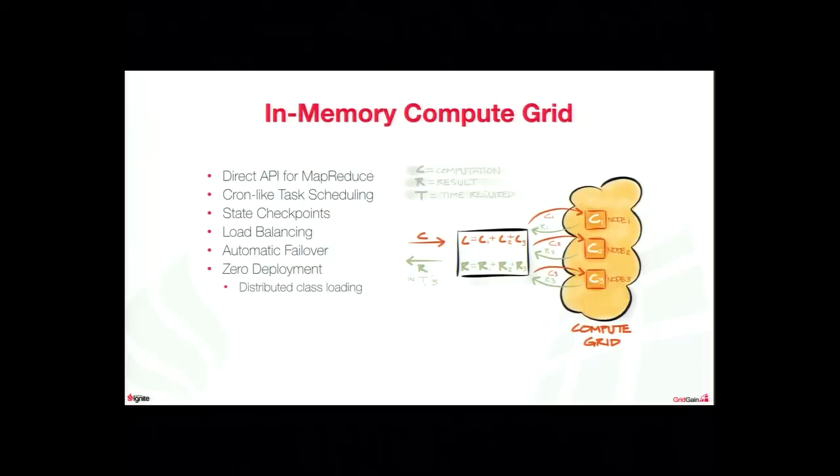So yeah, a little bit about the compute grid. Standard MapReduce API that we provide out of the box. We call it a compute task, where we can specify a closure that we want to execute on the grid, or a runnable or a callable that we can ship over. We've also got cron-like task scheduling for your traditional HPC needs, where you want to schedule a set of jobs that need to run on the grid.